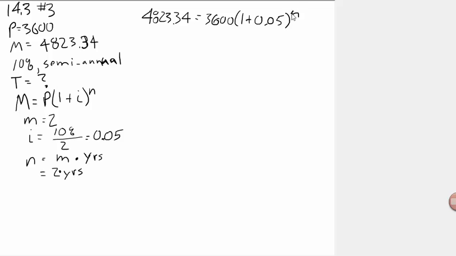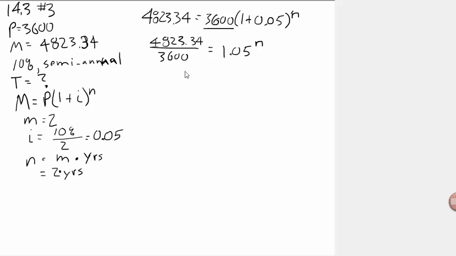Again, this is the problem where to get that exponent, we have to undo this exponent, and we use logarithms or natural logarithms to do that. First of all, I'm going to divide both sides by 3,600. 4,823.34 divided by 3,600 equals 1.05 raised to the n power.